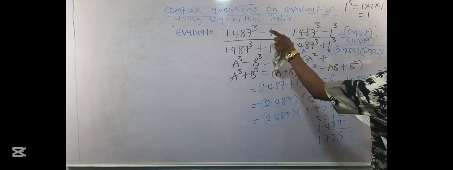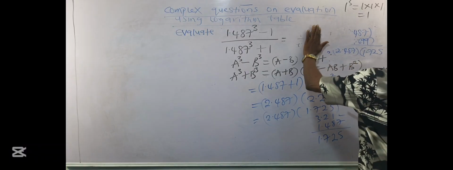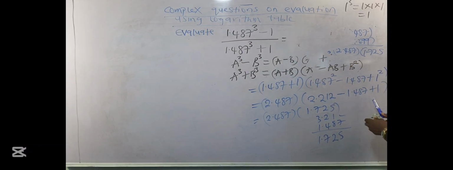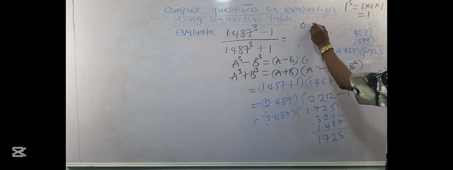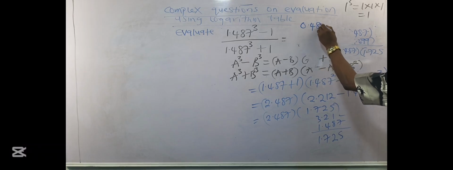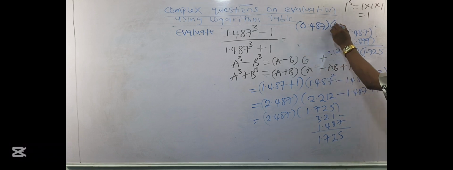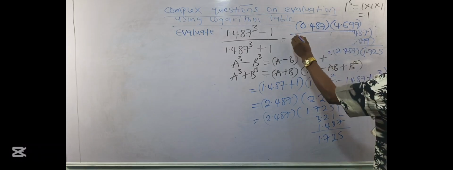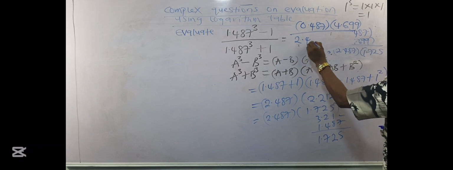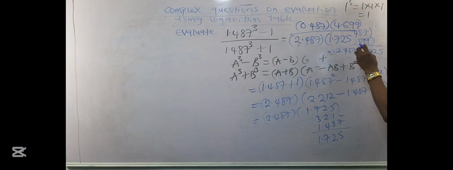we have this expression here. I cannot clean this. To be equal to 0.487 in brackets 4.699 all over 2.487 bracket 1.725.